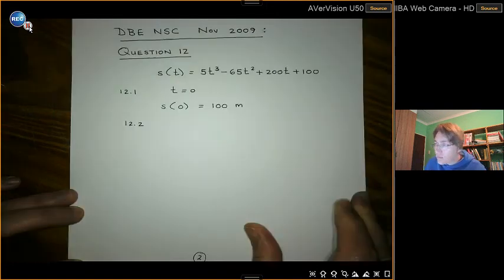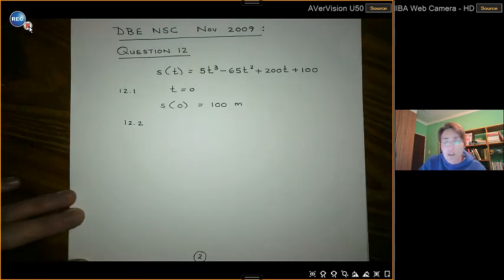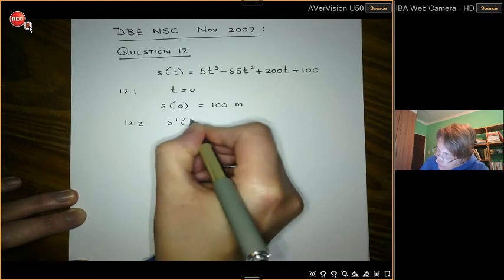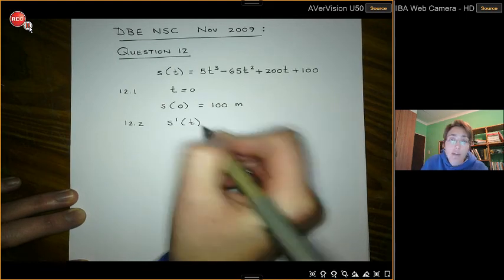12.2. Now 12.2 asks, calculate the car's rate of change of height above sea level with respect to time 4 minutes after entering the mountainous pass. Now the following words, car's rate of change. We've spoken about rate of change. Rate of change is always my first derivative. So when they ask for rate of change, without even thinking about it, you have to find the first derivative of whatever formula they've given you.